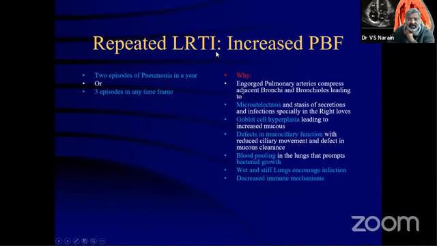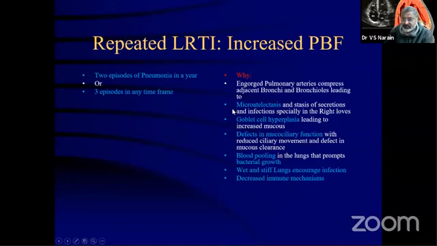Now, the question often asked in the examination: what is repeated lower respiratory tract infections? And this is indicative of increased pulmonary blood flow. So the definition is that if you have 2 episodes of pneumonia in a year or 3 episodes in any time frame, that's the definition. And the question often asked is, why do you get repeated lower respiratory tract infections with increased pulmonary blood flow?